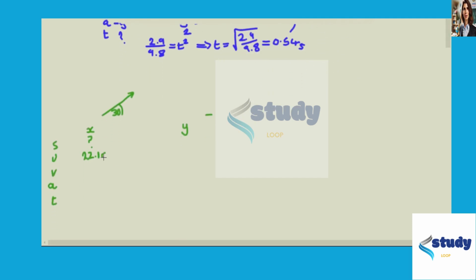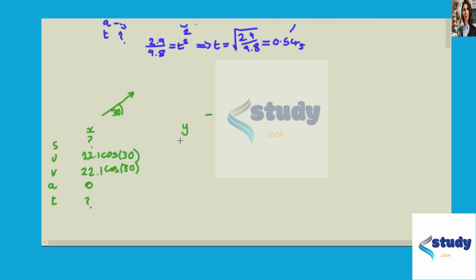But of course it's 22.1 cosine of 30. And if there's no air resistance, our final velocity is the same, because there's no acceleration in this direction. So you see the problems actually have a similar form. No acceleration in the x direction, and our time is also an unknown.